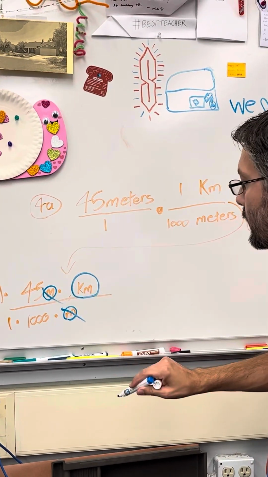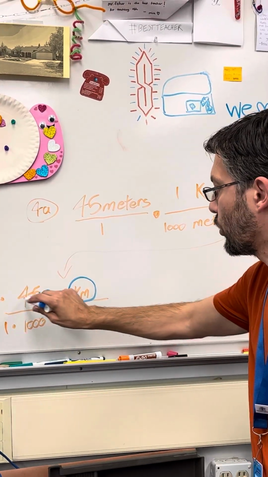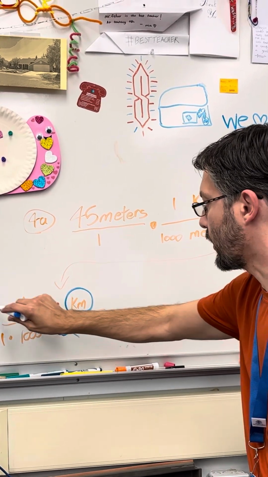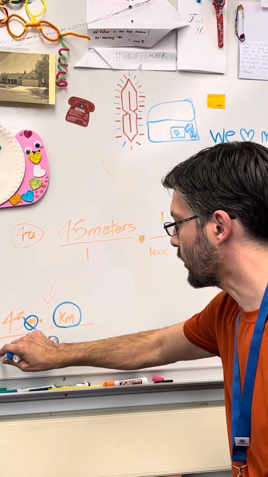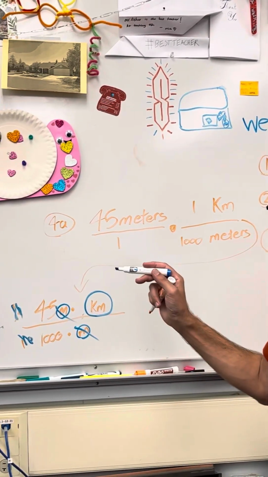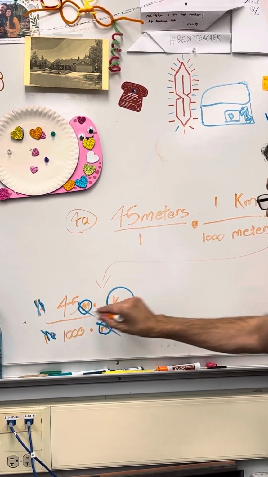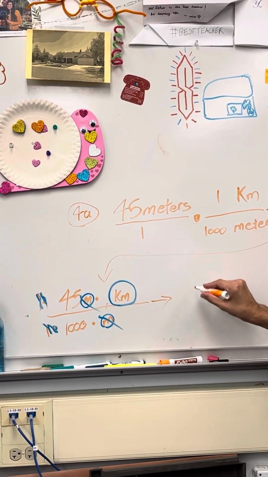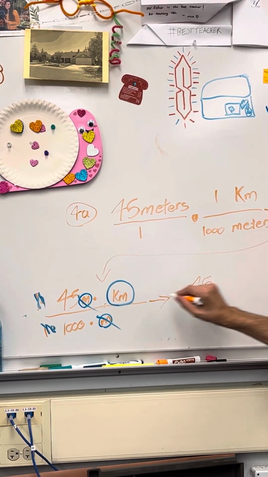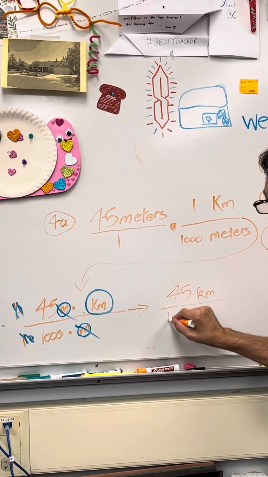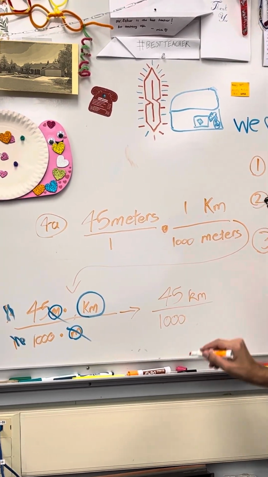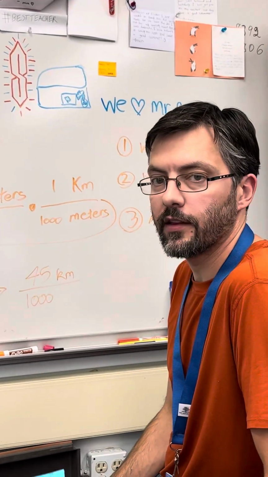We're keeping kilometers. Now we multiply 1 times 45. Okay, well the 1 can go away. We multiply 1 by 1,000. Okay, well the 1 can go away. Simple reduction. So now we're left with 45 kilometers over 1,000.